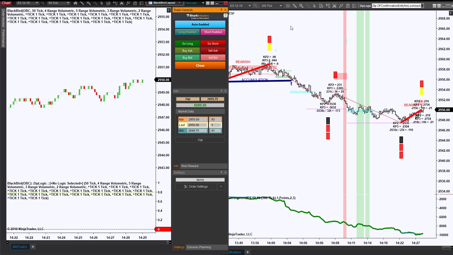I've turned it back down to regular speed, and I've gone and engaged the BlackBird short enabled, and we'll just let this play out now.